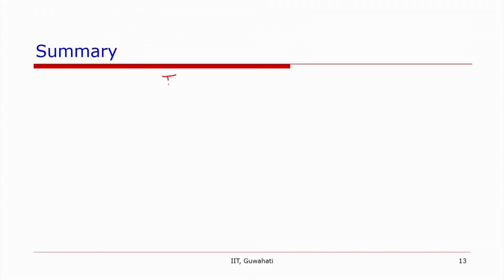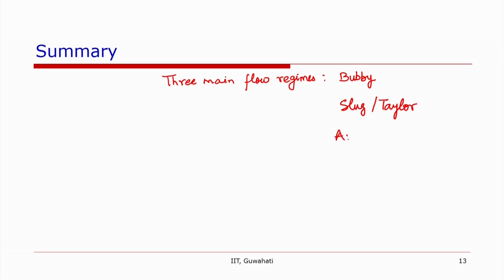So, in summary, what we have looked at is the flow regimes in microchannels, and we have three main flow regimes: what we call bubbly, slug or Taylor, and annular flow regime.